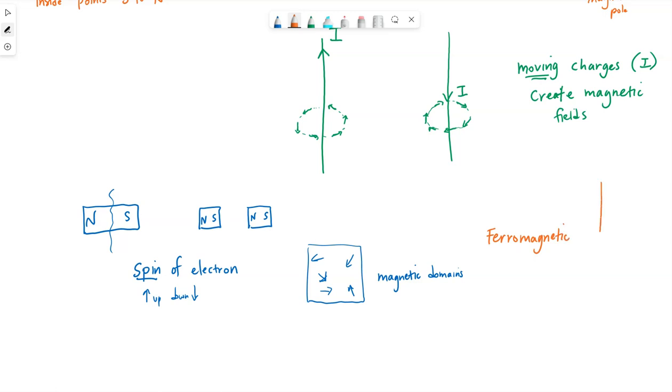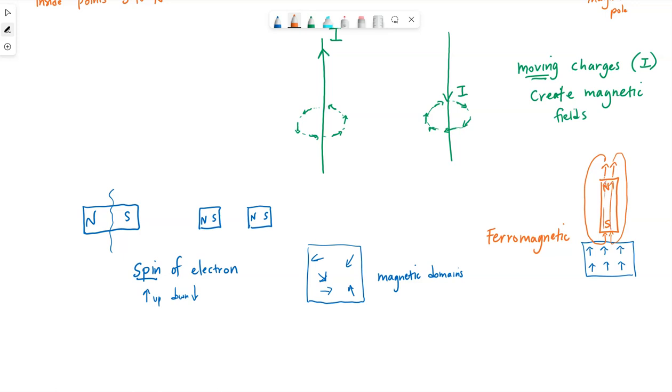if I bring a magnet nearby this material, these domains will line up with the external magnetic field of the magnet. So the magnet's magnetic field comes out of north into south, loops around, and continues inside.